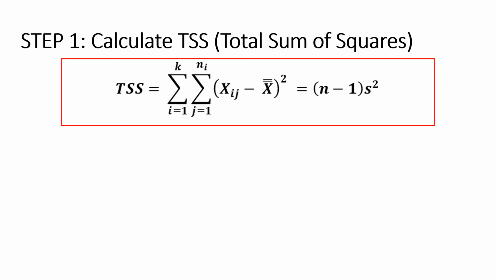This xij, this first summation over here, deals with our 3 groups. So we use group 1, then group 2, and then group 3.